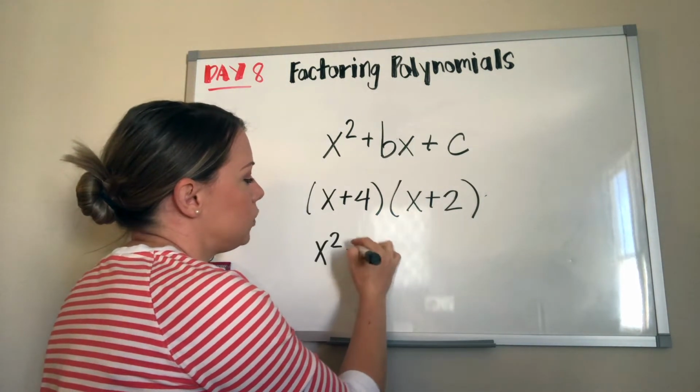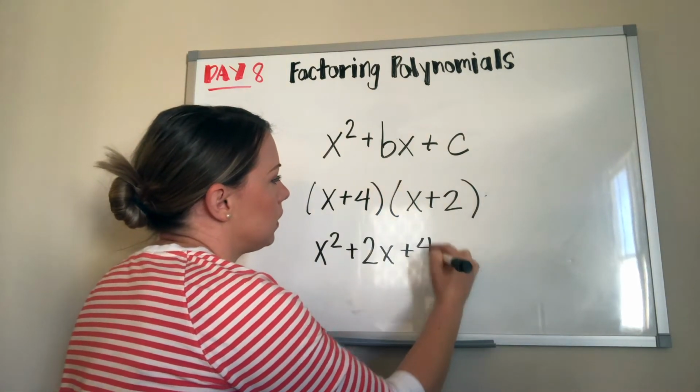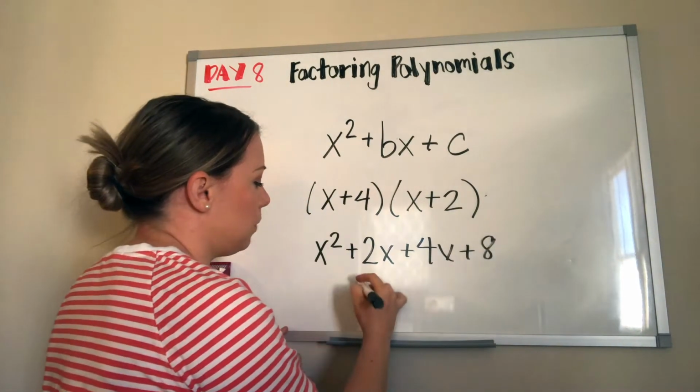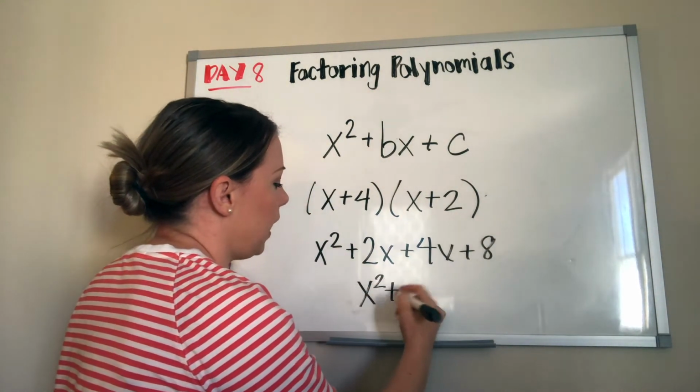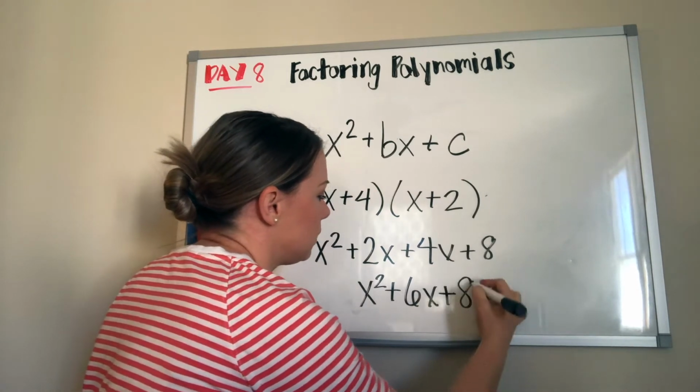Then I would have 2x. Then I would have 4x. And then I would have 8. I would combine like terms and have x squared plus 6x plus 8.